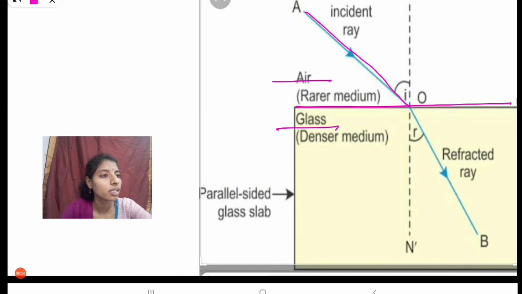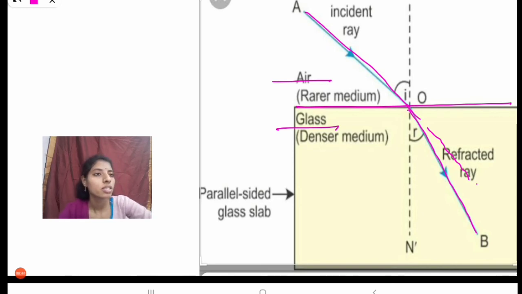You are seeing here the light ray travels inside of the glass medium. So here the bending of the light takes place. It does not travel in a straight line. Somewhat bending of the light takes place in the glass medium.